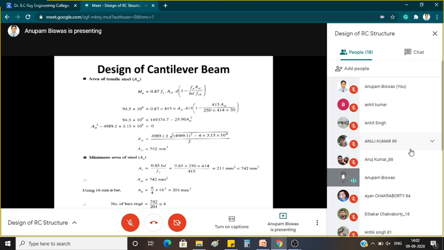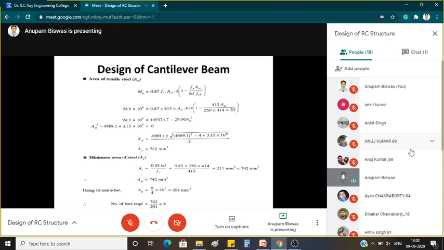So we can provide this steel Ast, and since we have used a 16 mm main bar, converting it into area, we can obtain the number of bars that are required by dividing the whole area of steel Ast by the area of each bar.